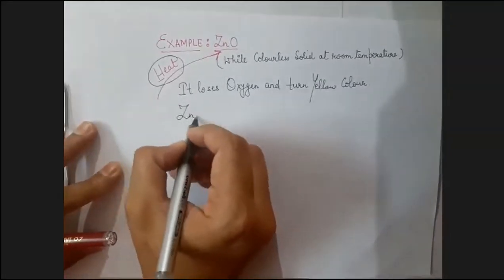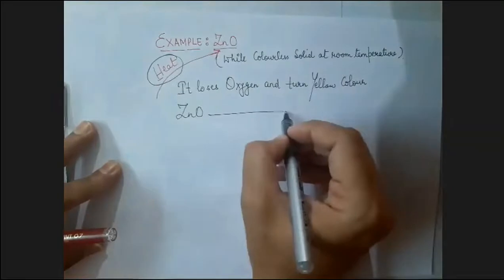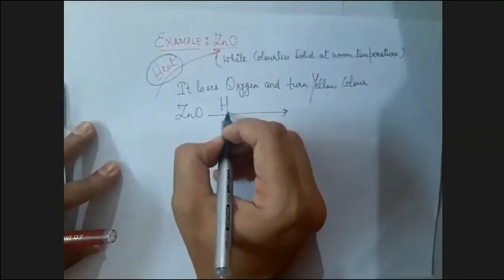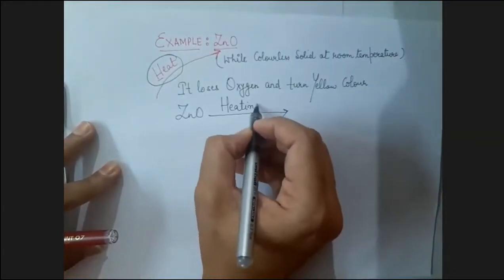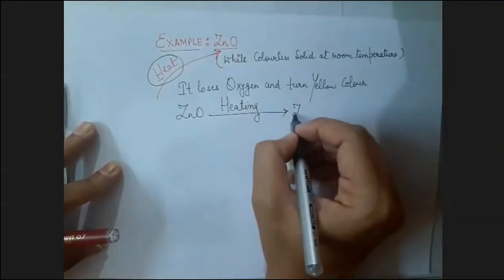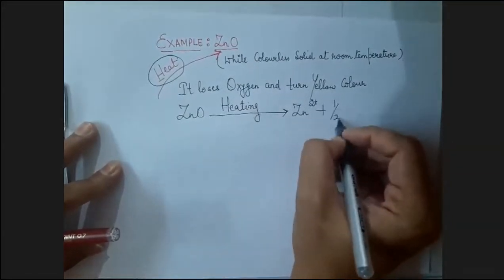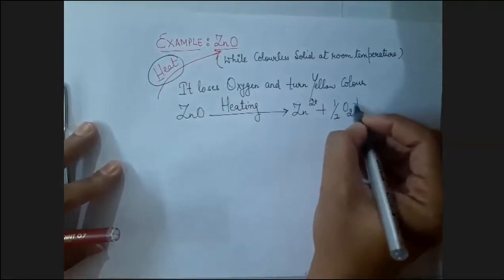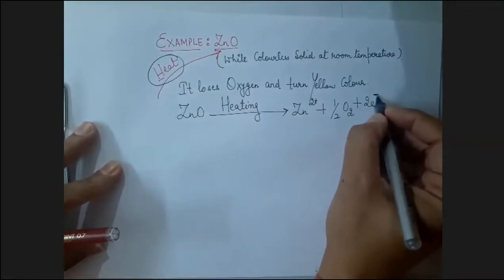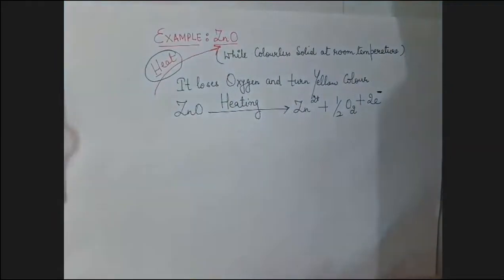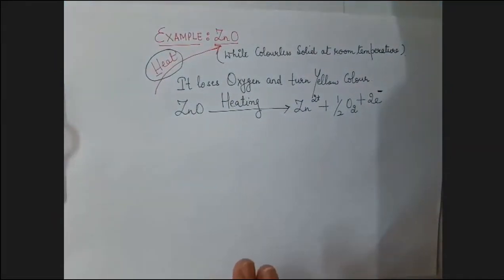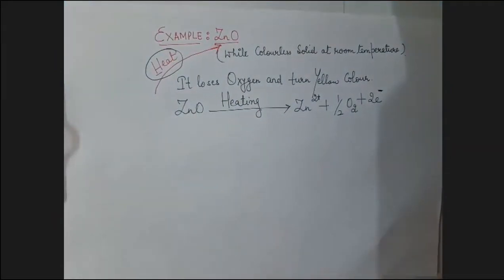मीन्स ZnO on heating converts to Zn2+ and oxygen. This is the reaction which takes place. ये reaction हुई. Why is there a yellow color?